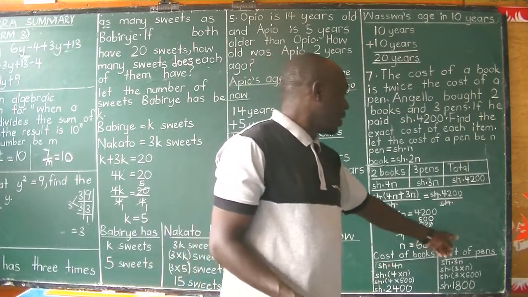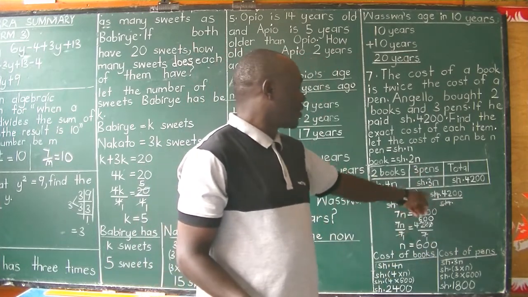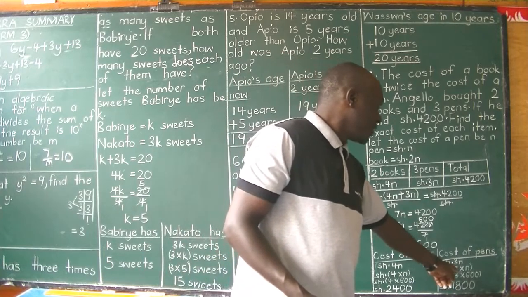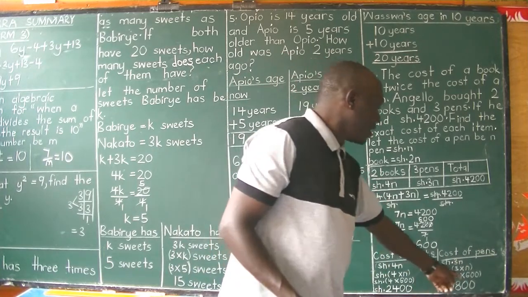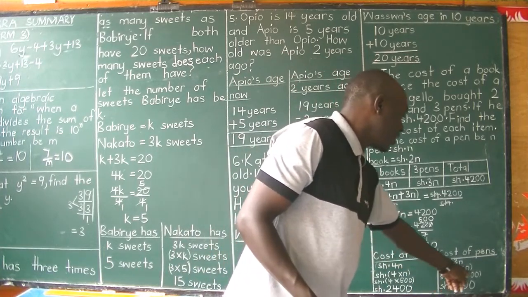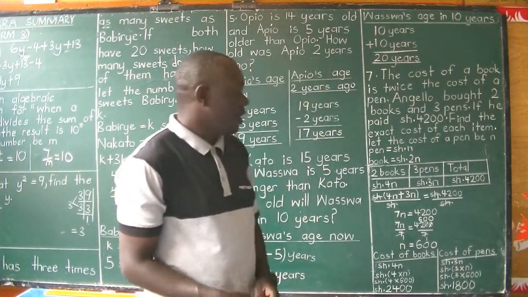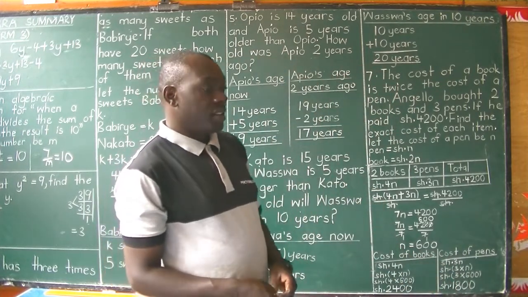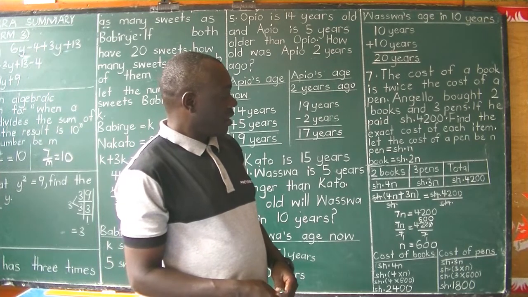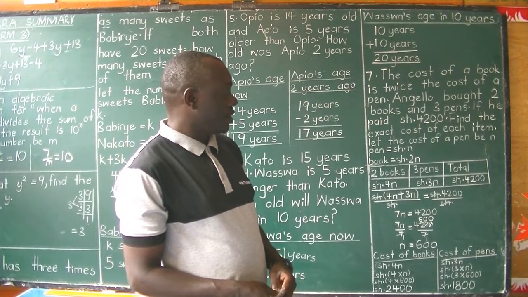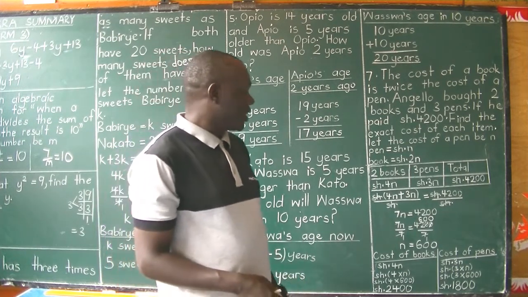Then cost of the pens, the 3 pens cost 3n, which means 3 times n, now in shillings. Now n value is 600, so 3 times 600 shillings, which costs 1,800 shillings. So those are the 2 items.